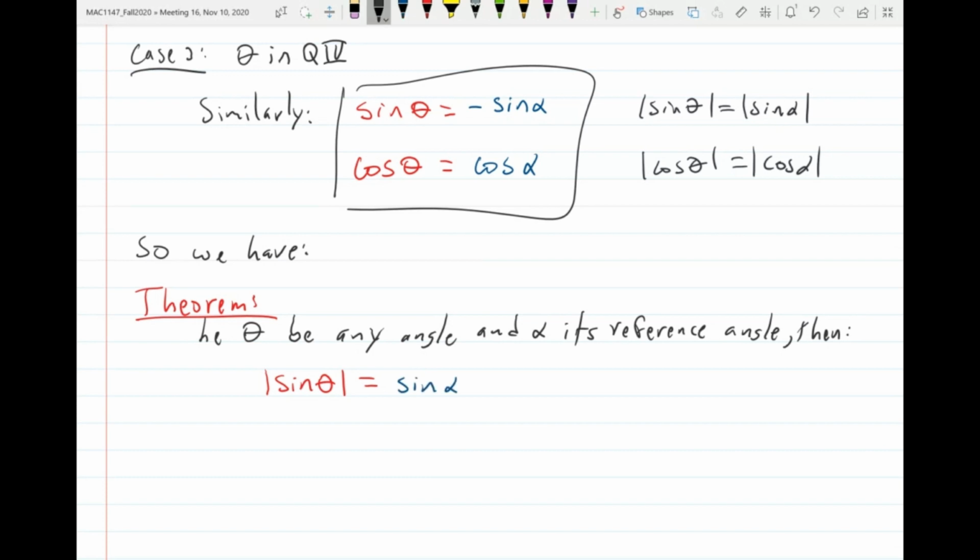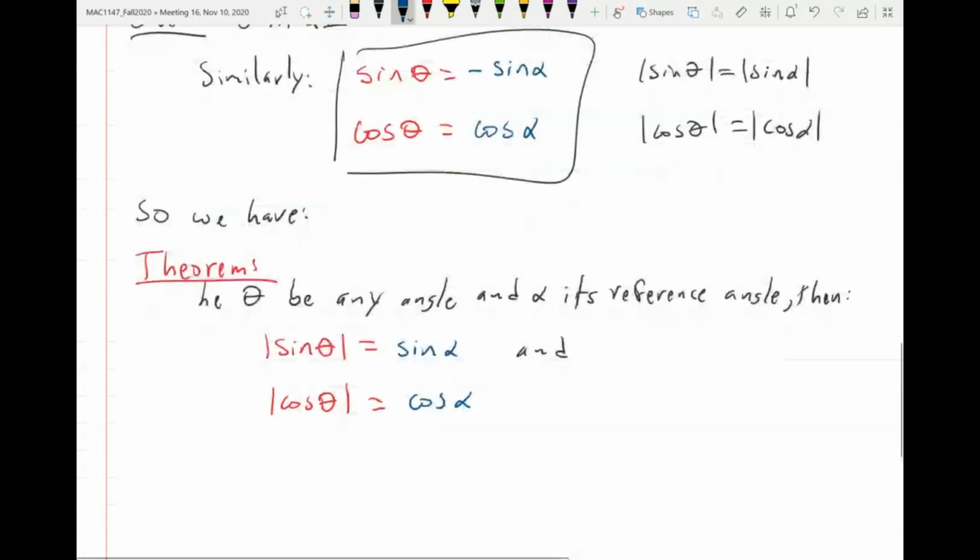And the same for the absolute value of cosine. I'm putting the absolute value around the sine and cosine of theta because those are the ones that could be positive or negative, depending on the quadrant. But I don't need to put it around alpha because alpha is already in quadrant 1, so that's always positive. So this is what we just saw.